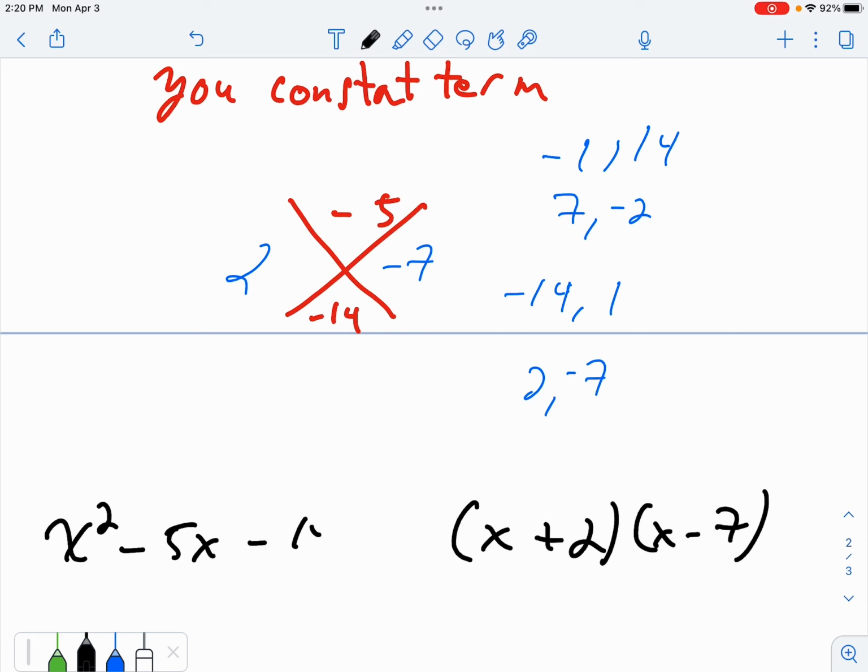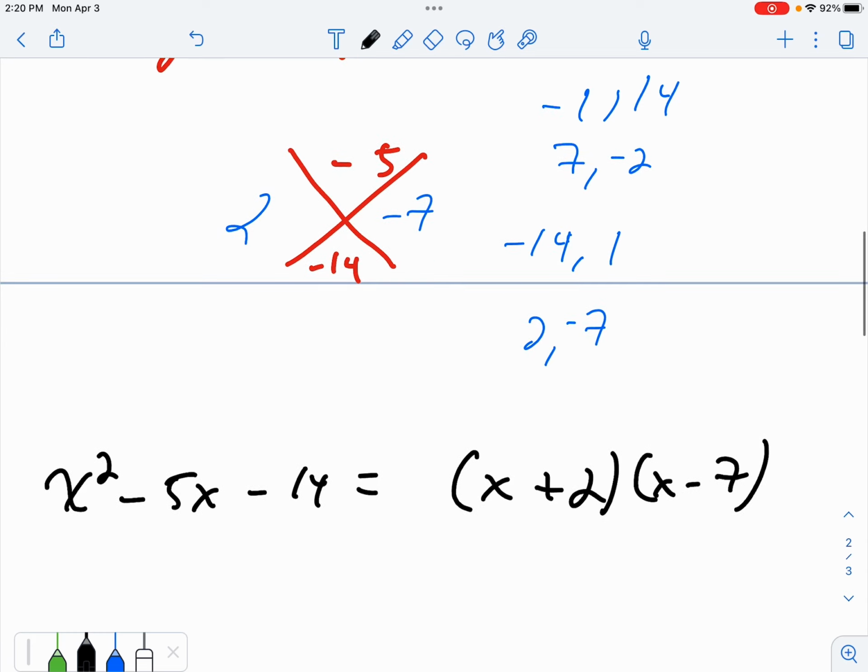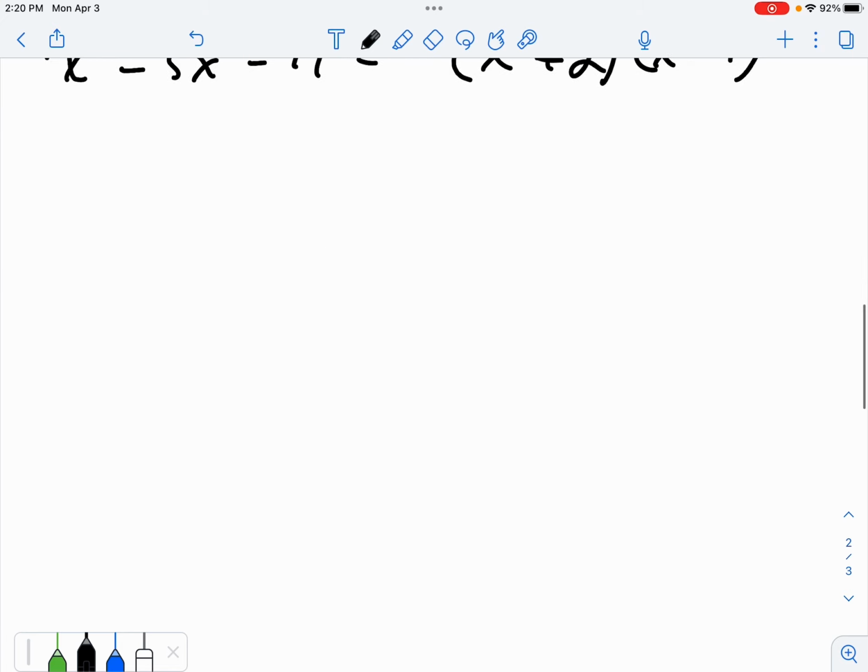And that's how that trinomial x squared minus 5x minus 14 would factor out. Okay, so once you found those two numbers, you just say x plus whatever those numbers are, or x minus if it's negative, and multiply them together. Easy as that.